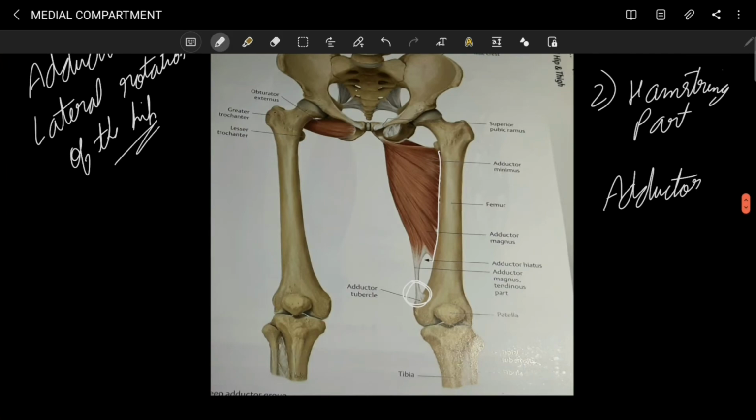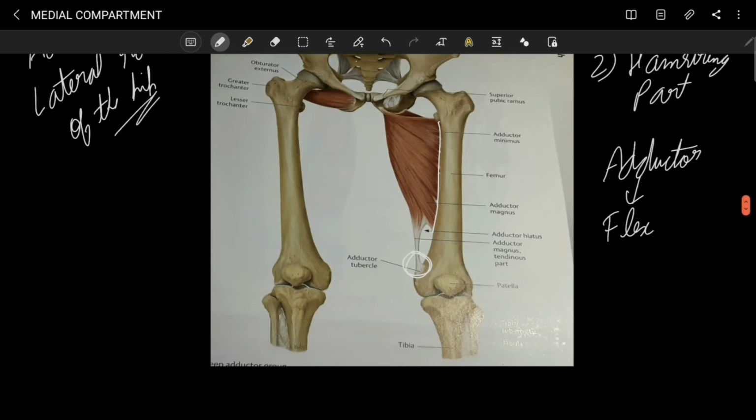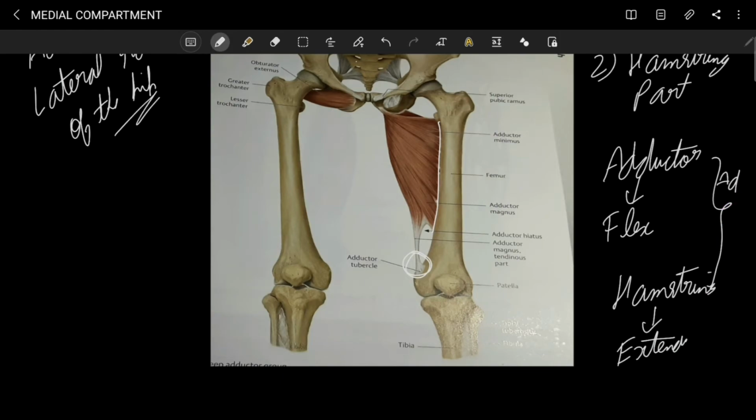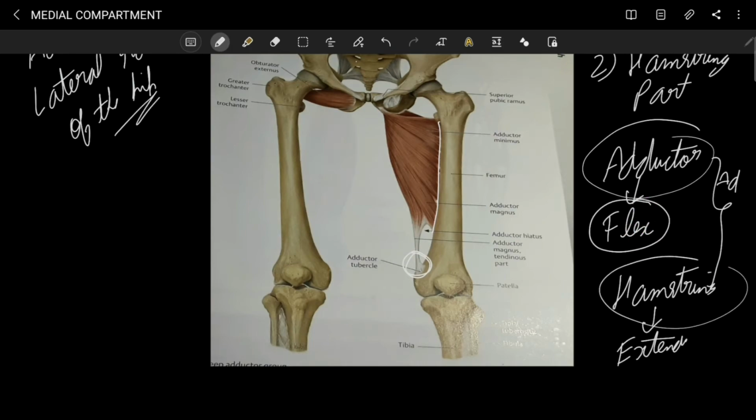The adductor component also flexes the thigh, and the hamstring portion extends the thigh. So both of these basically cause adduction, but along with that the adductor component, flexion of the thigh, hamstring component, extension of the thigh.